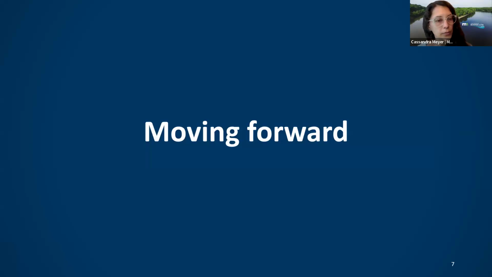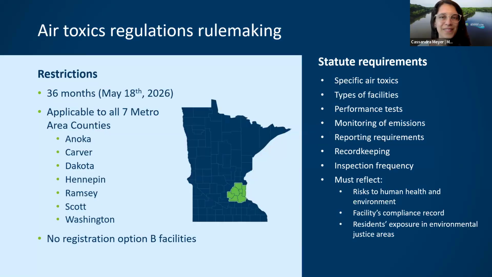And moving forward with this direction, what were we told to address? This is an overview of some of the details in the statute. The statute specifically requires that the commissioner adopt rules to implement and govern regulation of facilities that emit air toxics.